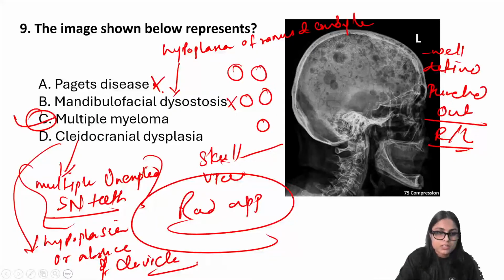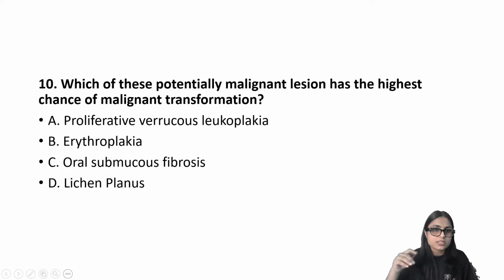Okay. Moving on to the last question of the day, which is, which of these potentially malignant lesions has the highest chance of malignant transformation? Highest chance of malignant transformation. This question we have discussed multiple times, correct?